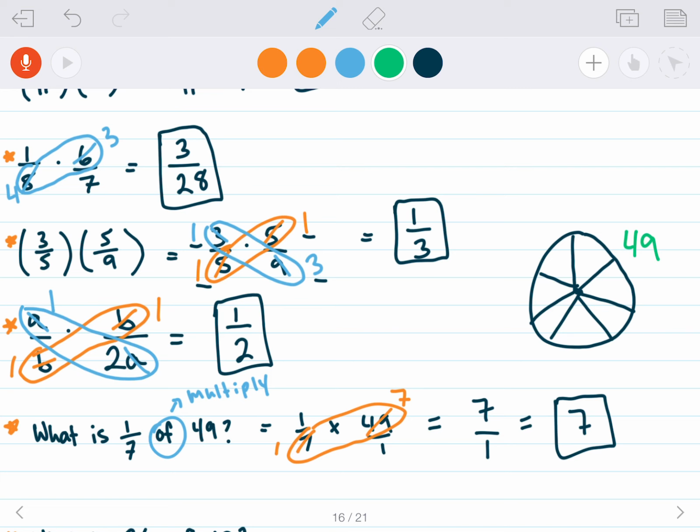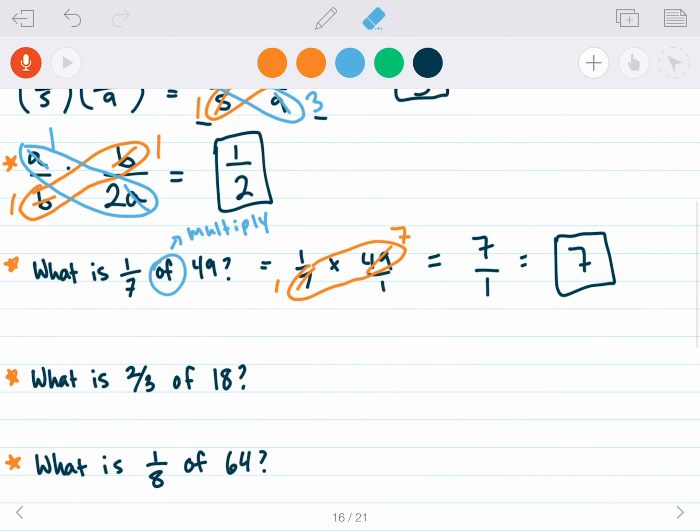And we have 7 pieces. So what we're asking is, what is 1/7? What does this piece have to be if the whole thing's 49? Well, you just divide it by 7, right? Now, dividing by 7 is the same thing as multiplying by 1 over 7. I just want to make that clear. Dividing by 7 is the same thing as multiplying by 1 over 7. Okay, so that's that.